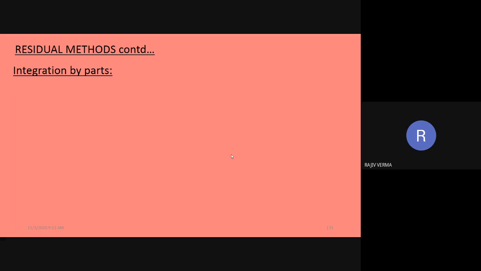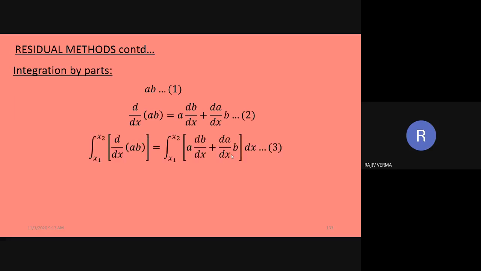For this we are going to use the integration by parts approach. So we have two functions of x, a and b, both functions of x. When you differentiate this, you get equation number 2. When you carry out the integration of equation number 2, we get equation number 3.